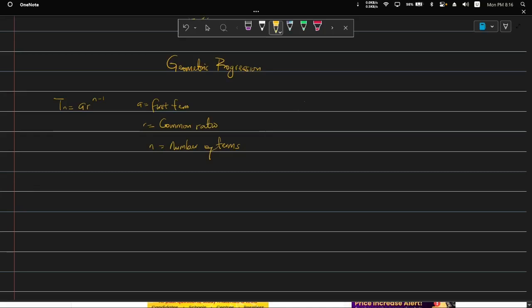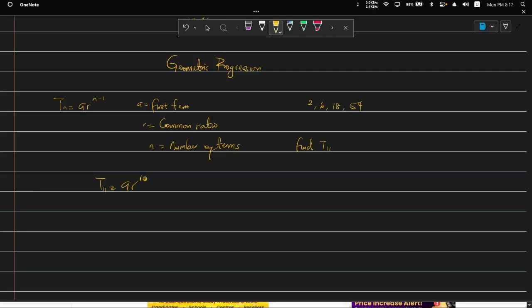So let's take a quick example. For this sequence, we have 2, 6, 18, 54. And the question asks us, find the 11th term of the sequence. Find T11. And you can attest that T11 has to be equal to A R raised to the power n minus 1, 11 minus 1, 10.